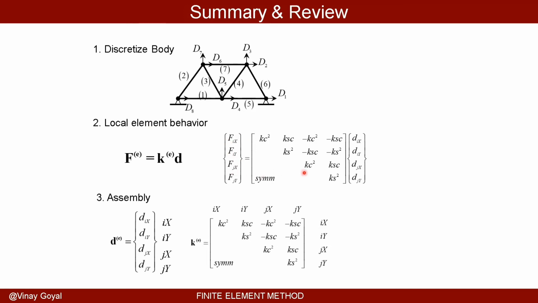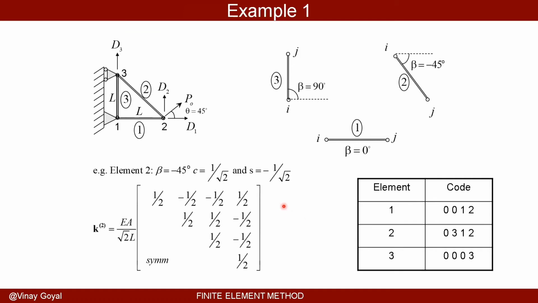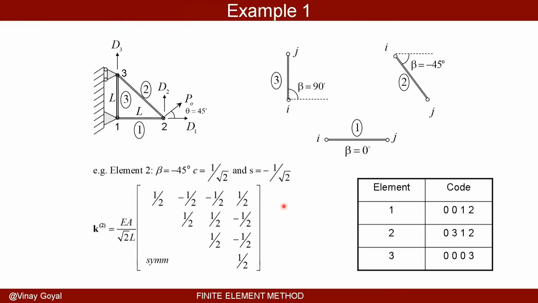And then what I can do next is to put code numbers here that can then be used to assemble the system together and to solve it. And this is very, very powerful. Let's look at this particular example. In this example, I'll walk you through it.